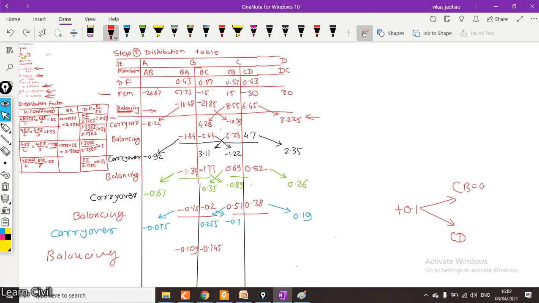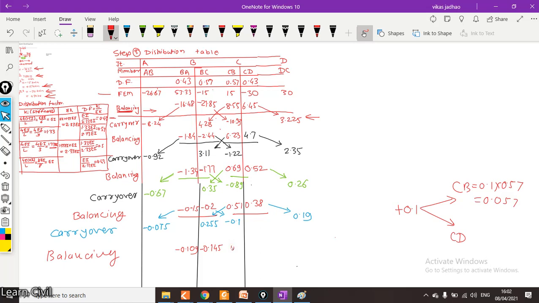So this will be 0.1 multiplied by 0.57. This is the distribution factor. So this will be equal to 0.057.